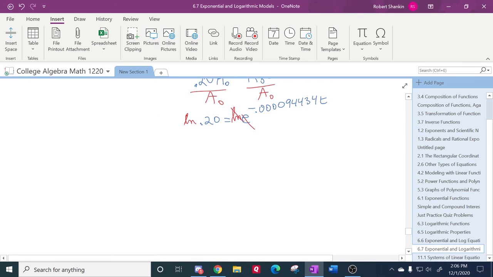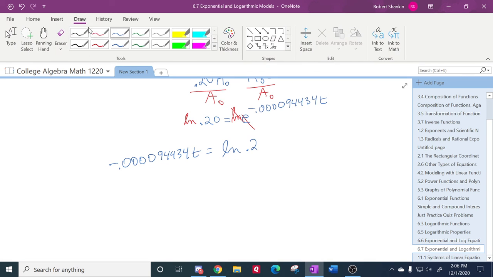this equation, and I'm going to turn it around. And then I'm going to divide by this constant.